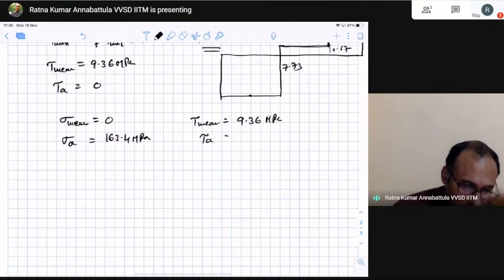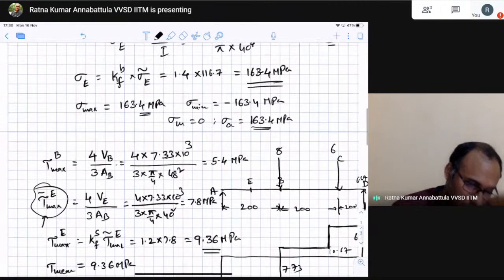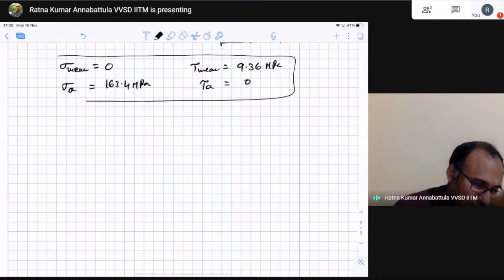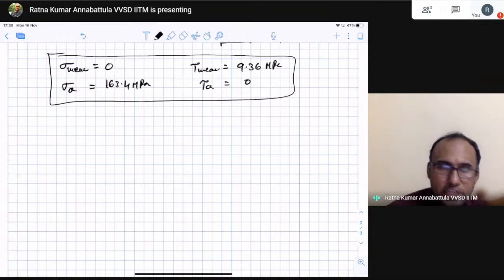Our alternating stress due to the shear component is 0, right? So now it is not a one-dimensional state of stress, it is a multi-axial state of stress. Hence we need to solve this problem as a multi-axial fatigue problem.